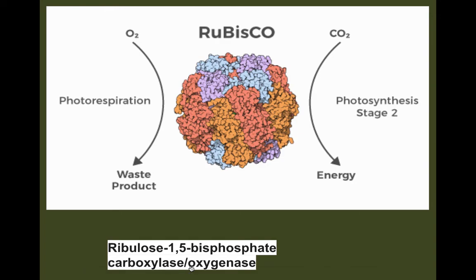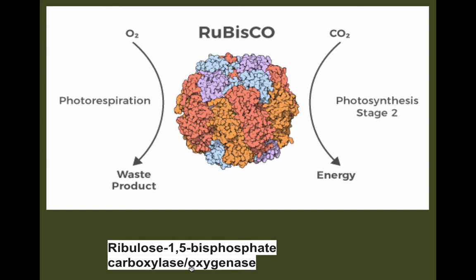Okay, but this is sort of a magical enzyme. It's really important, and I think it's the most abundant enzyme on Earth, because every single plant needs rubisco to undergo this Calvin cycle, which is really, really important.